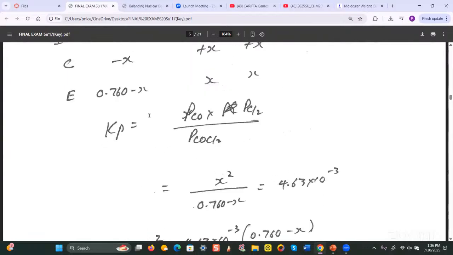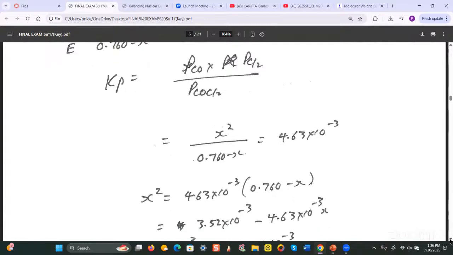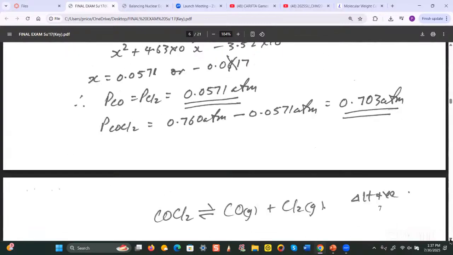Once we determine X, we can determine the pressures of the gases based on the terms in this equation. In the case of carbon monoxide and chlorine, X is equal to 0.0571. For COCl2, the pressure is equal to 0.760 minus 0.0571, and that gives you 0.703 atmospheres.